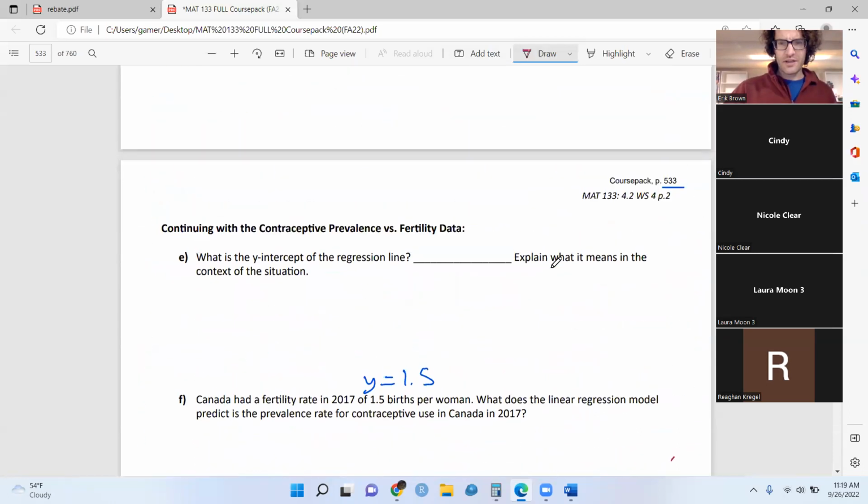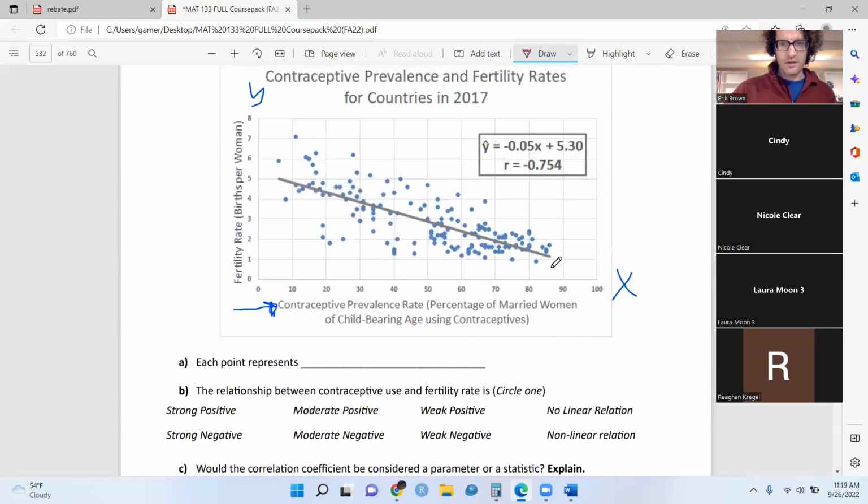I know you did this in the notes. We predicted for 63, which is roughly here. We predicted the value right here, on the line. And Kenya's actual value was 3.5, which looks like it's right here.